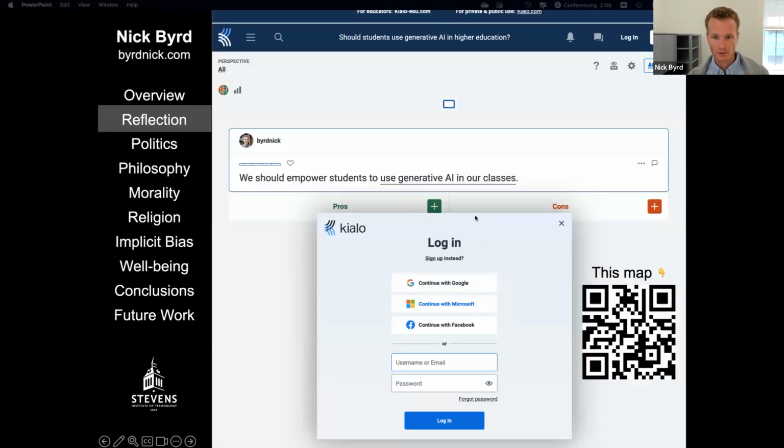So if you have followed that link in the chat or that QR code that I gave you on the last slide, as well as this slide, you might have clicked somewhere on the screen and then been asked to log in. I log in with my personal account because the site I've sent you to is the public, for-everyone version of this website, but there is an education-based version of the website. It's kialo-edu.com.